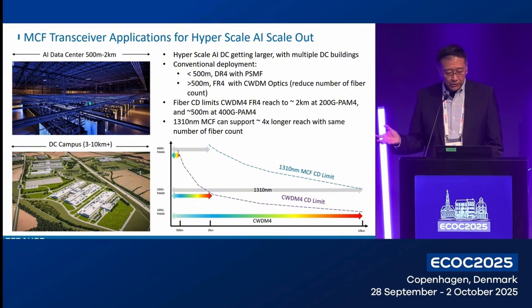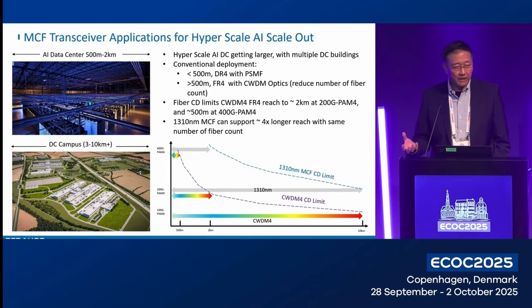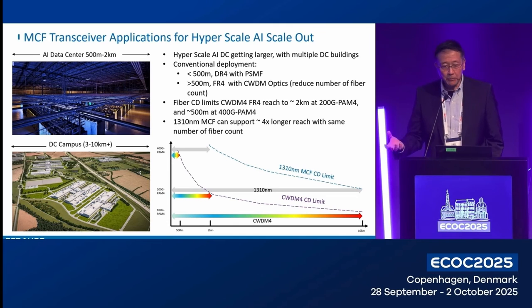And this is a chart to show if you really want to scale the data center, you actually have to go a lot bigger these days, not only just one building. You're talking about these multi-gigawatt level AI data centers. You actually have to have many buildings in a campus site, and sometimes you have to go a few kilometers, and at times you even need to string together a few buildings about 10 to 20 kilometers apart.